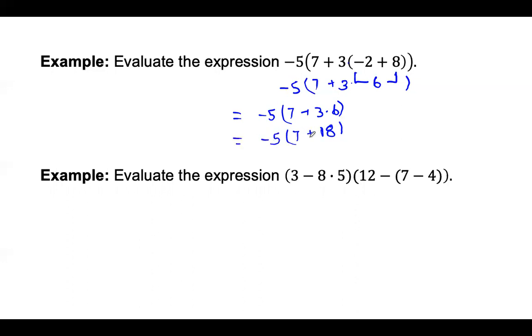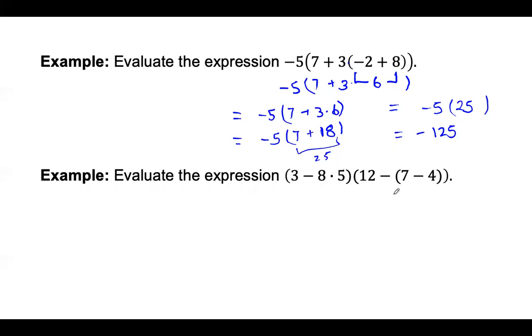Then 18 plus 7 is 25. So we have 25 times -5, and we multiply it together. We get -125. The point is that you start inside the bracket and you work outwards.